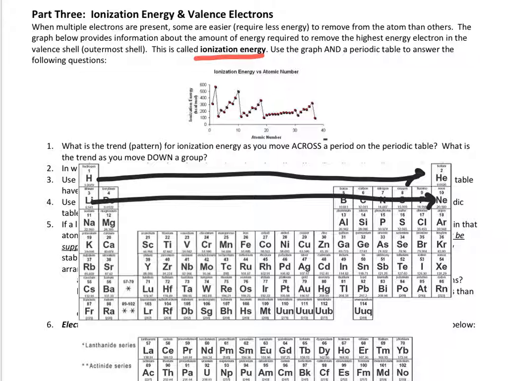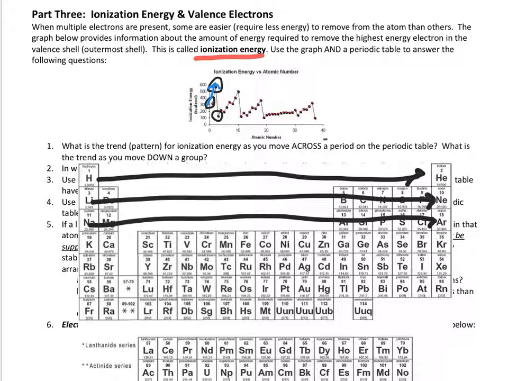So going across the third row would be from number 11 to number 18. So we're going to take a look at those points on the graph to see what's happening. All these dots represent the atomic numbers. So the first dot's 1, the second dot's 2, this dot's 3. So what happens as you go from atomic number 1 to atomic number 2?